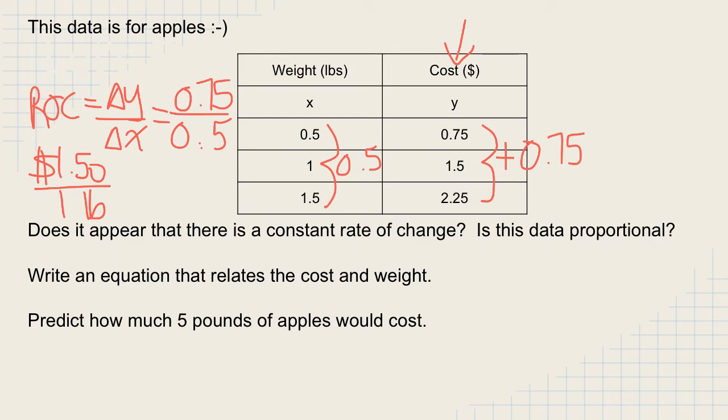All right, so does it appear there's a constant rate of change? Yes. My y value is increasing by 75 cents every time. My weight is increasing by half a pound. Is the data proportional? Well, just like we did before, we could work our way backwards from our first entry in our table.